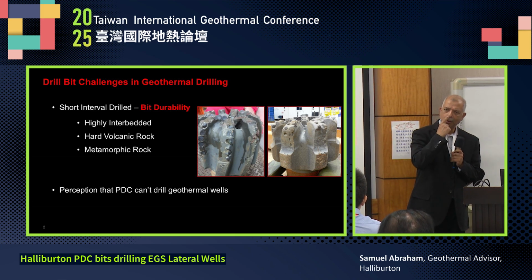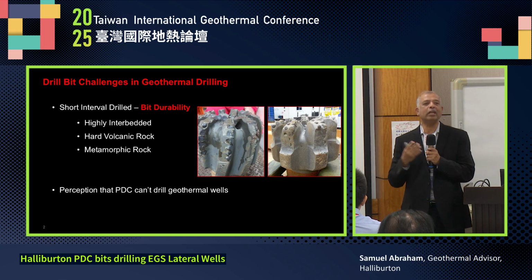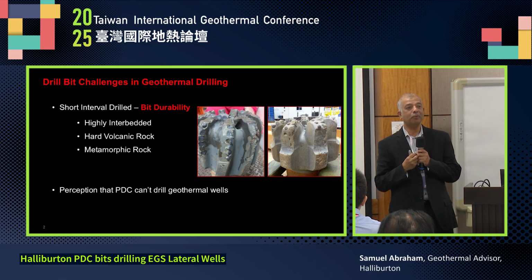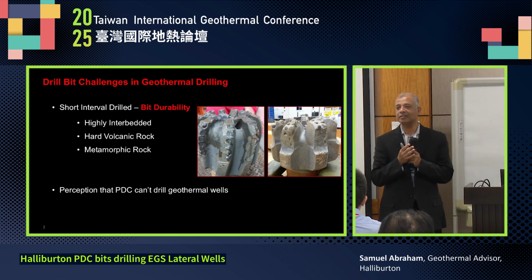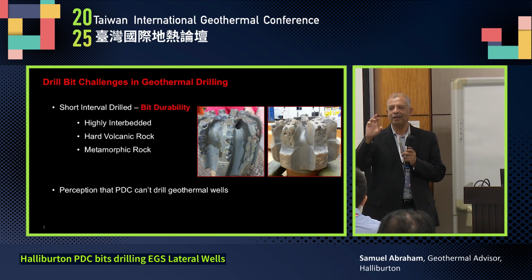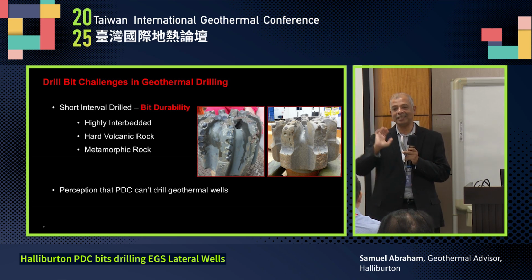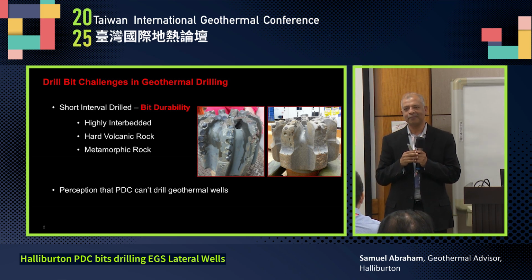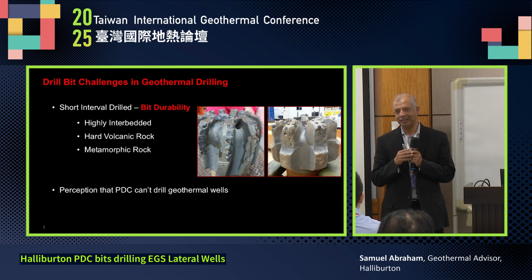Now, when you select a bit, what are you looking for? Your main challenge is, can I drill one section with one bit? However deep that section is is a different story. Now, why is this very critical?